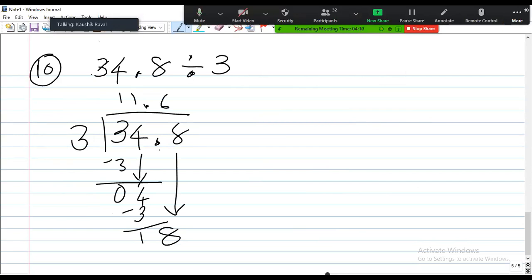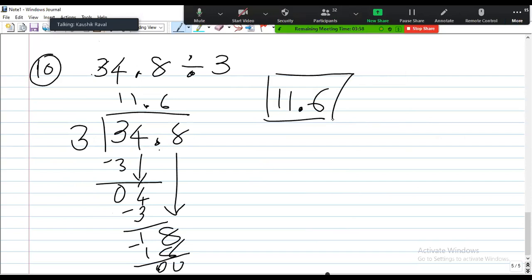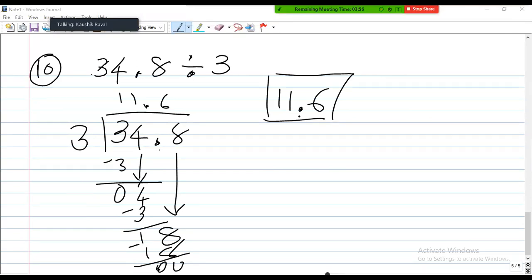So 3 6s are 18. Right? So your answer is 11.6. Good job. Very good. Let's do one more example. Shall we do one more example? Okay, let's do one more example, number 11.